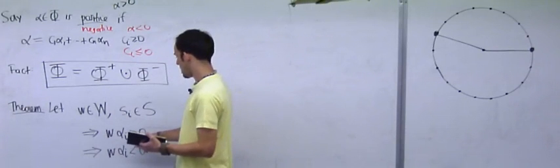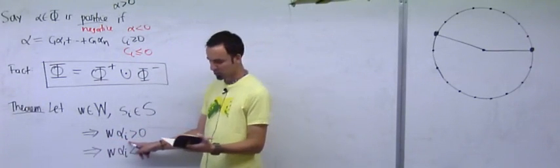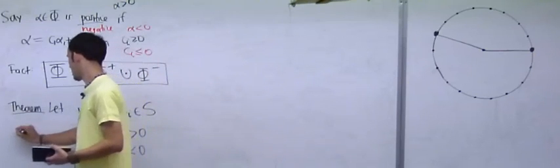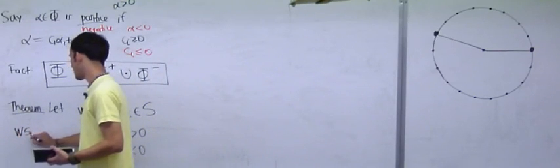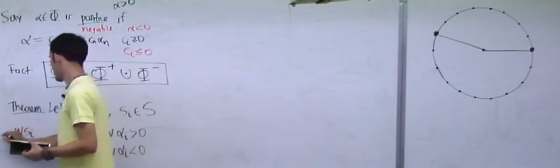So I claim that w sends alpha_i to a positive root if and only if multiplying w by the generator s_i makes it longer.